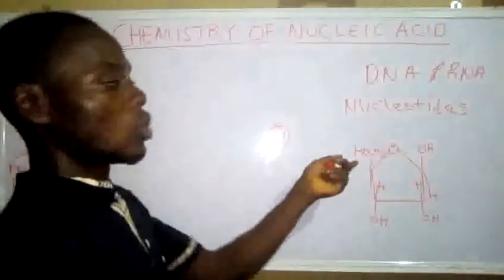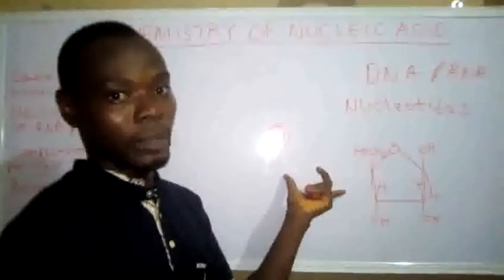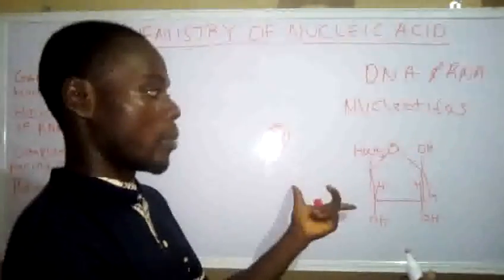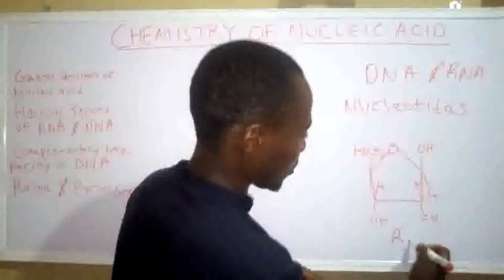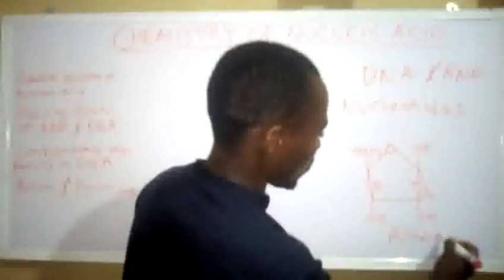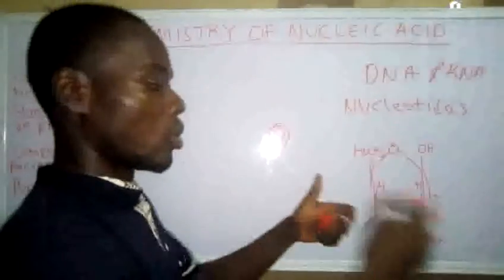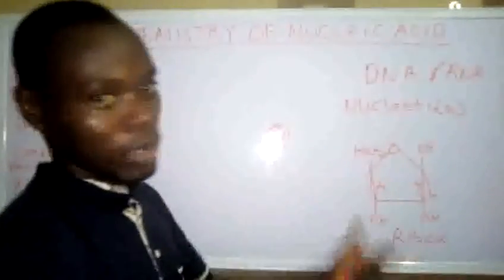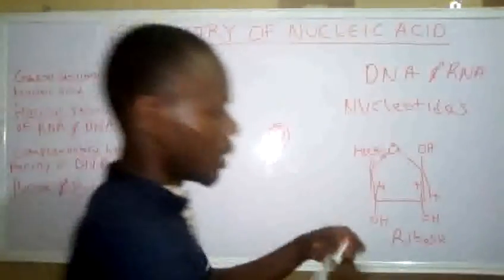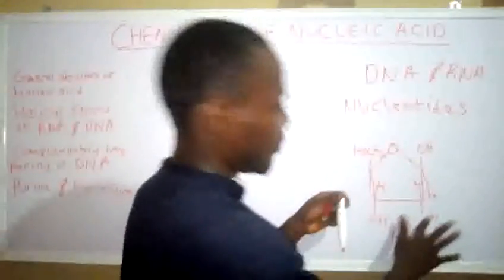This sugar is what we call ribose. Are you getting it? This is ribose sugar. Sometimes you can have a deoxyribose sugar. How does a deoxyribose sugar look? There will be no oxygen here on the second carbon.